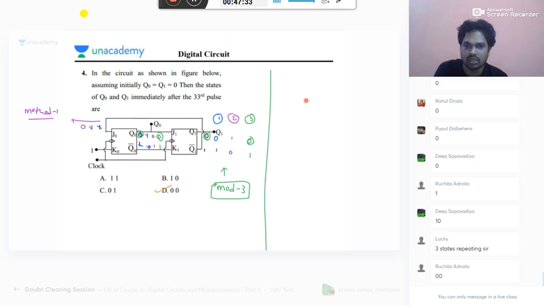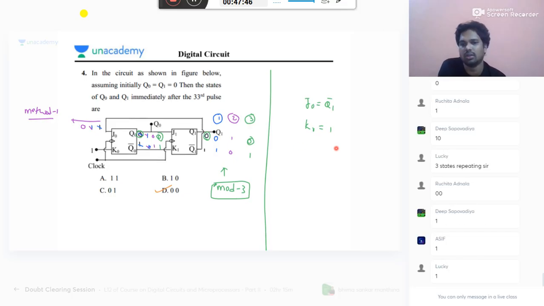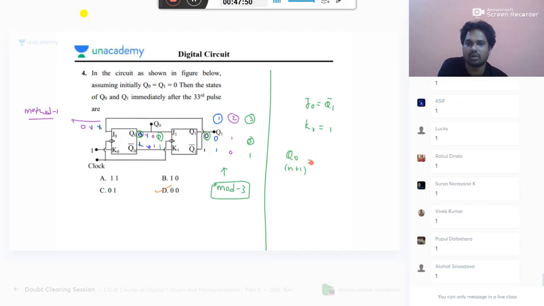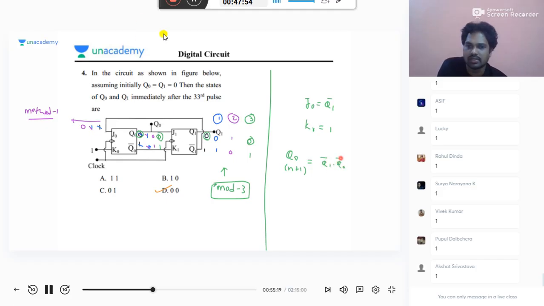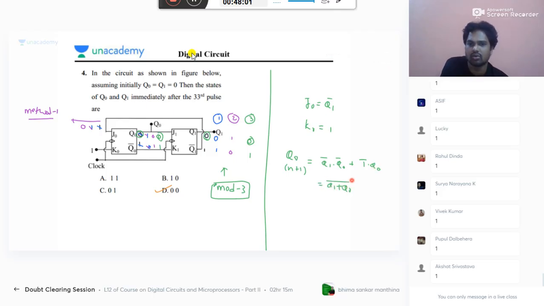What is J naught here? It is Q1 bar. What is K naught here? It is 1. Then what is Q naught in the next state? Direct formula J Qn bar plus K bar Qn, which will give you Q1 plus Q naught whole bar. This is 0 now. Similarly, what is J1?